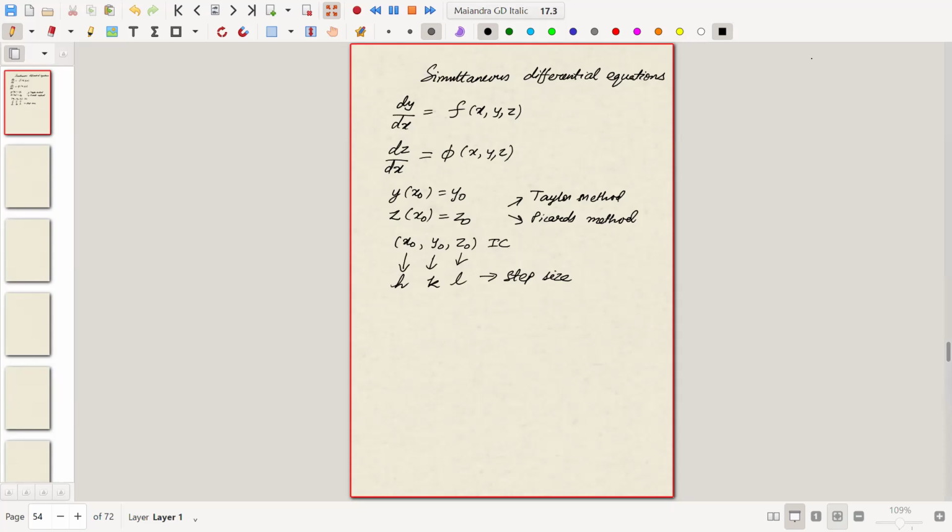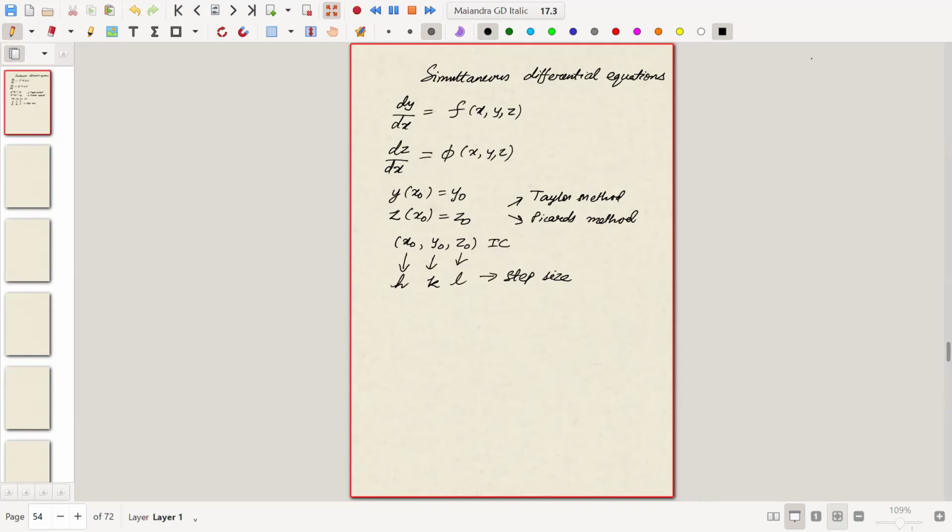Now we have defined our step sizes, and we are ready to apply our RK4. The further proofs and all those things are a bit complicated, so I will just write an intuitive form where you can solve the problems, at least computationally. So this is one of the basic algorithms or methods where you can try to solve coupled ordinary differential equations. Okay.